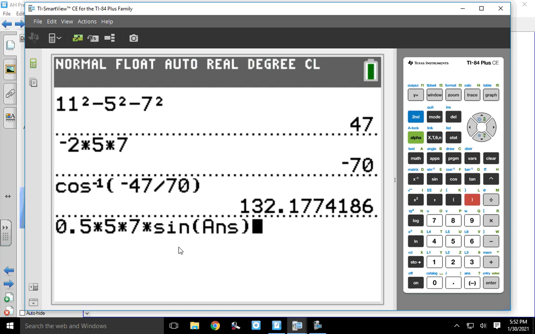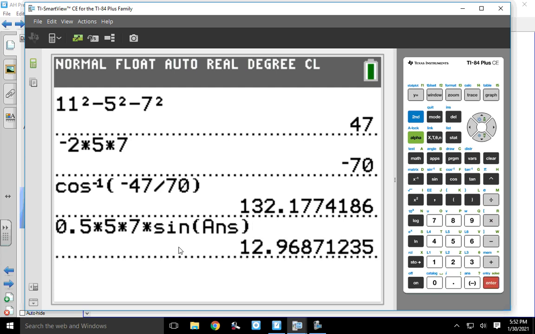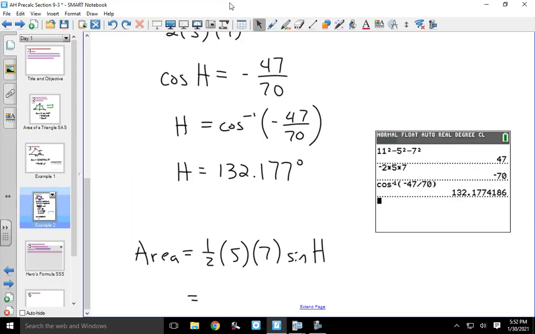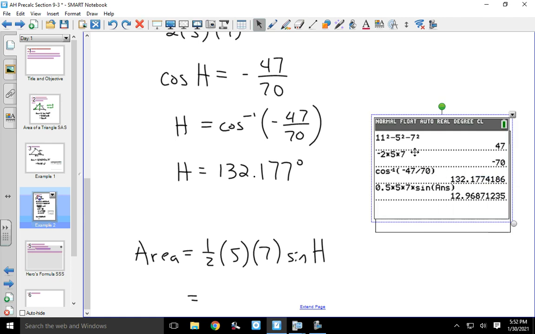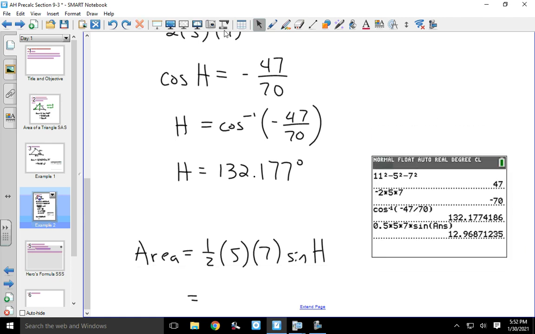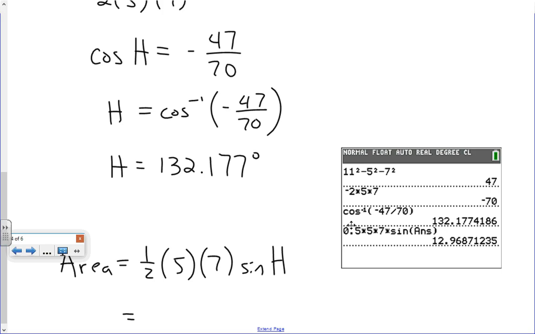I'll just use answer there. And you end up with 12.9687. Let me grab a picture of that. I'm just going to get rid of the previous one. All right, so there's our area.